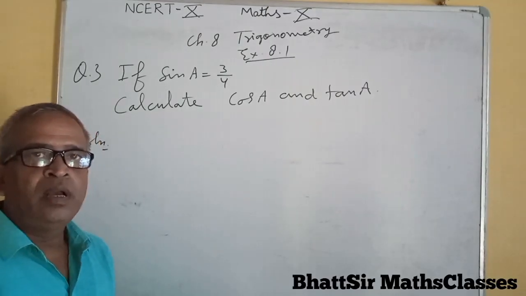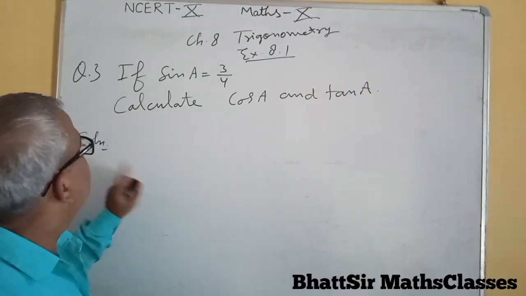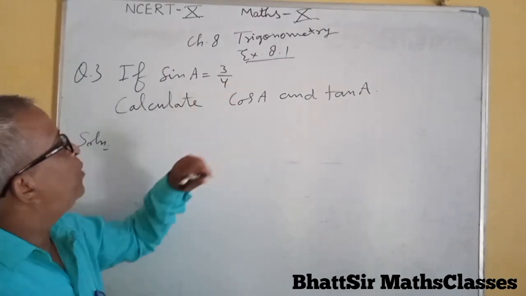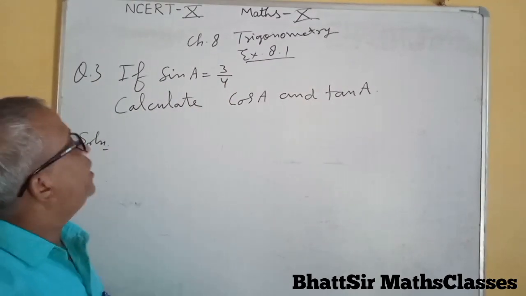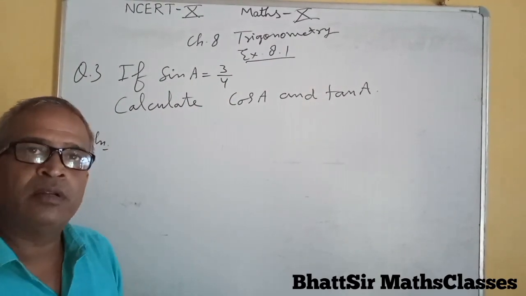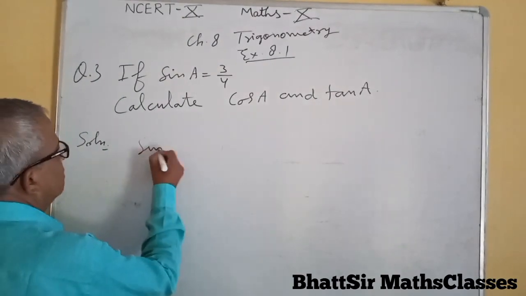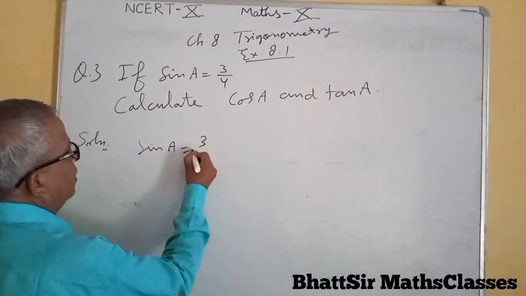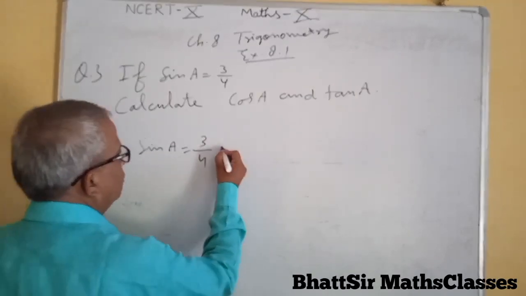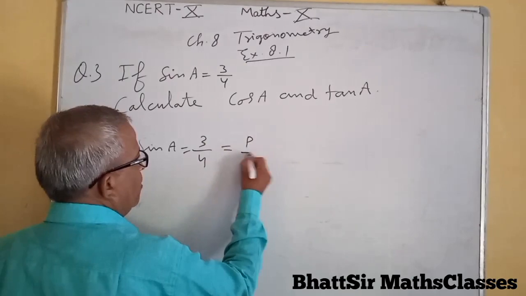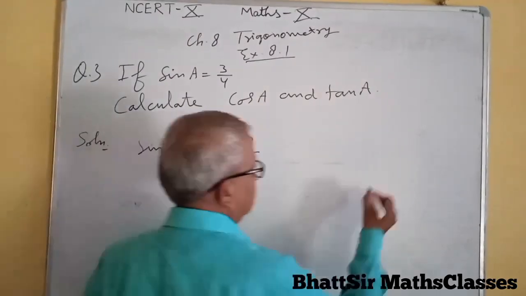Dear students, I am solving question number 3 of exercise 8.1, chapter Trigonometry, of NCERT 10th standard. Given sin A equals 3 upon 4, equal to perpendicular over hypotenuse.